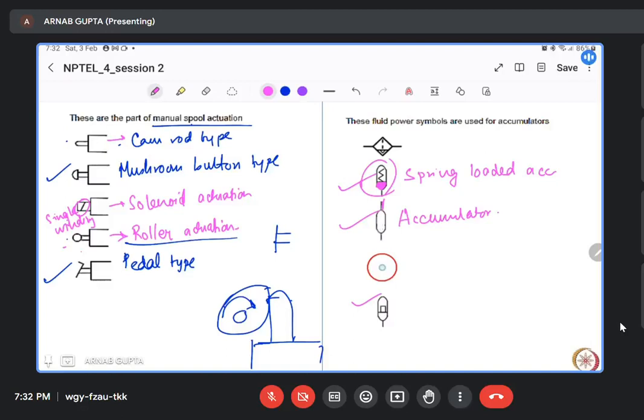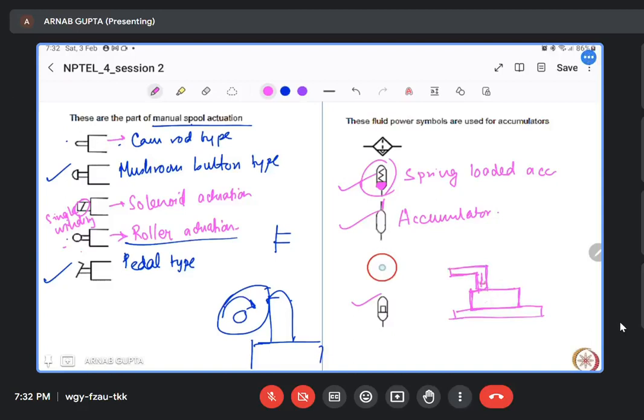So it helps in causing a delay in the fluid power circuit. Suppose you want to activate a particular valve after a certain amount of time. I can give you one example. Say you want to clamp this job. You have a clamp which is hydraulically actuated.